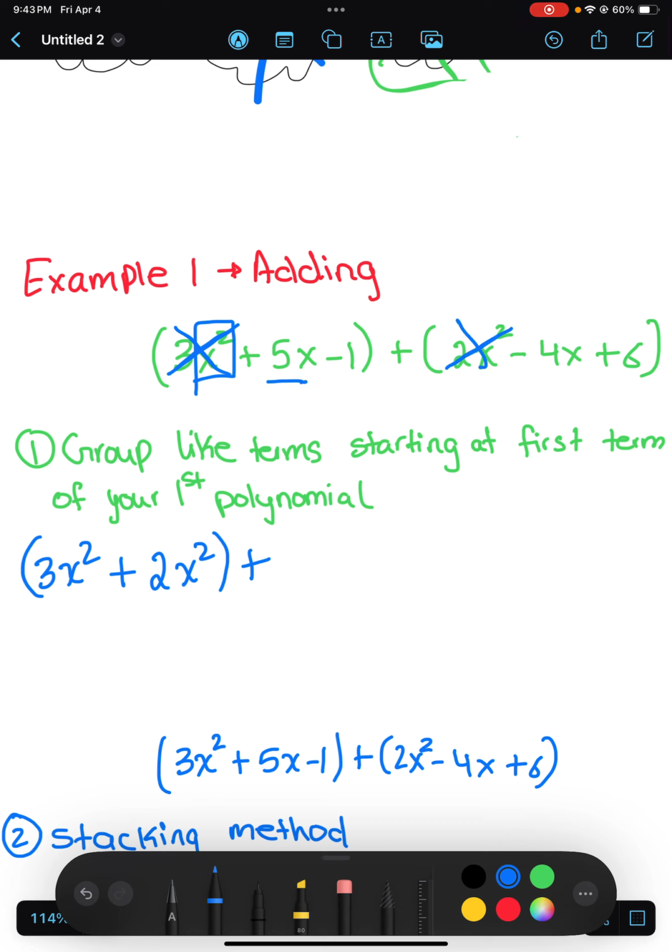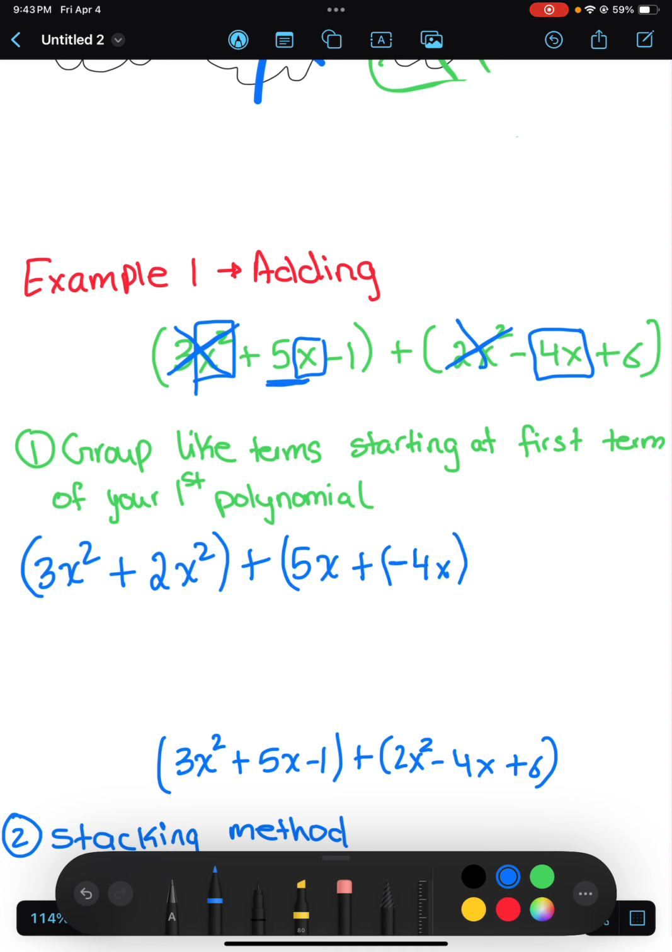Now moving on to the second term of my first polynomial, I have 5x. So I am looking for another x. I do not see another x in my first polynomial. Let's move on to my second polynomial. Oh, I do see one x right here. So that means I am going to be adding together 5x plus negative 4x, okay?